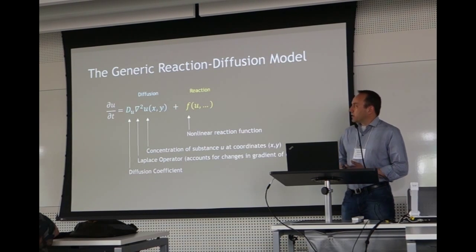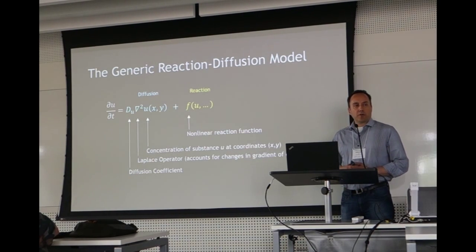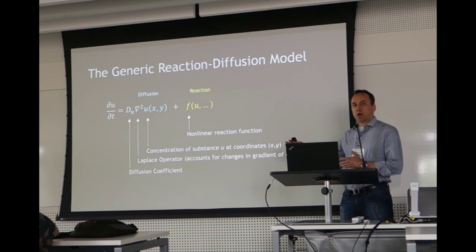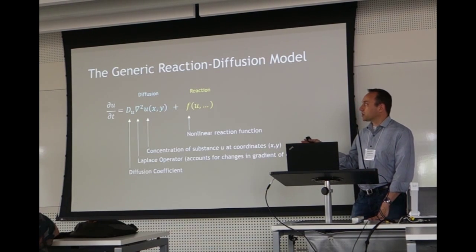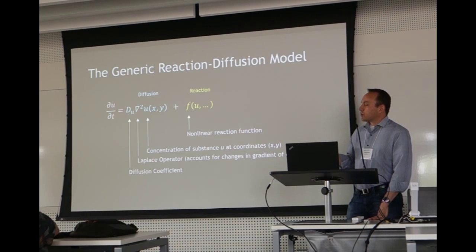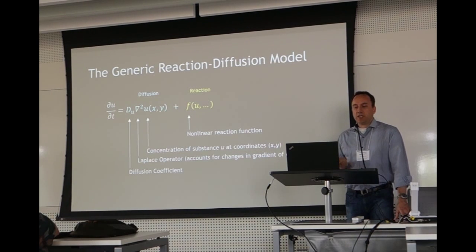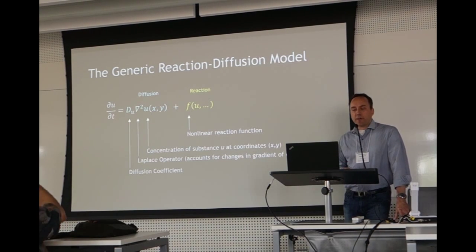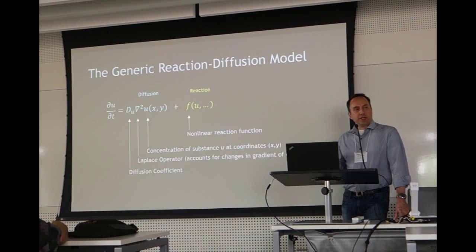Now, typically, there are many authors who've written models of reaction diffusion. This is sort of the generic model, where what you'll have is a series of one or more partial differential equations which describe how the concentration of a substance, here U, changes over time proportional to the gradient of the concentration of that substance.